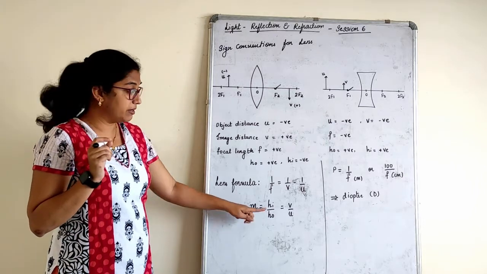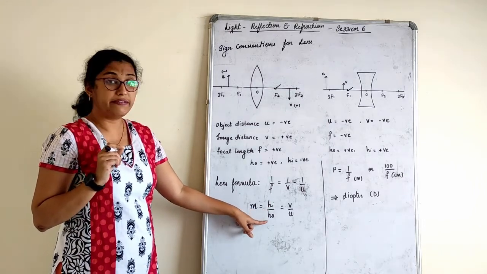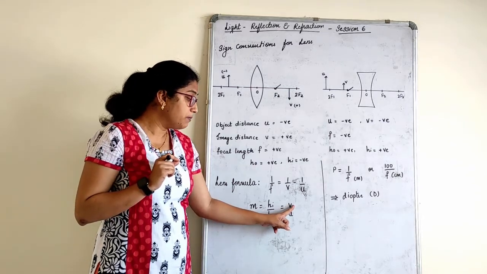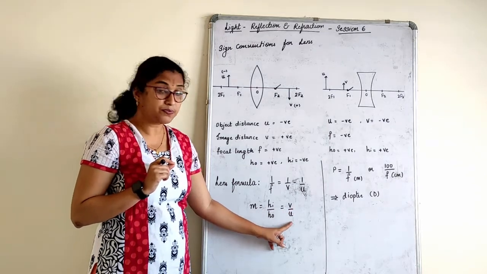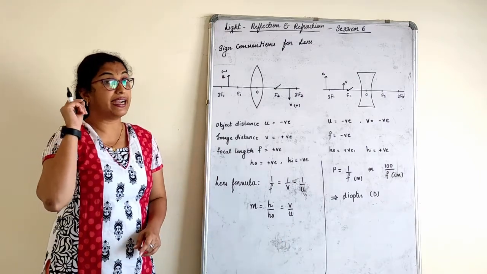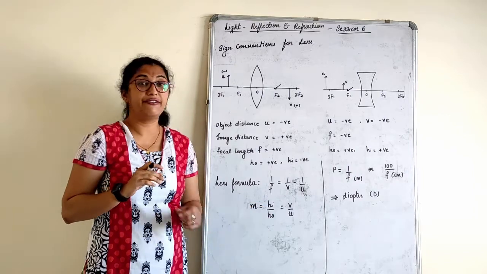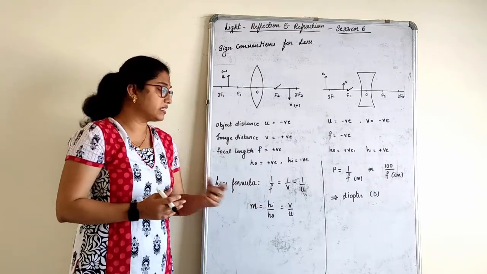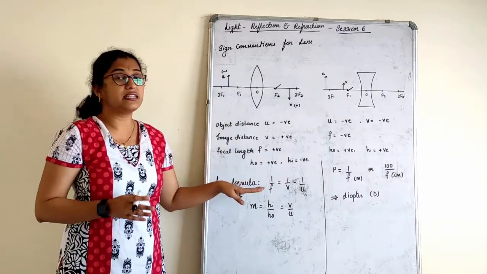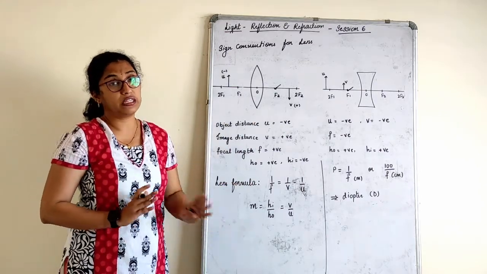Magnification is again given by height of the image divided by height of the object. It can also be written as image distance divided by object distance. Just remember, there we had a minus sign. Here we have no other sign in that. Whatever sign the values have, we have to go with it. So this is the sign convention for the lens.